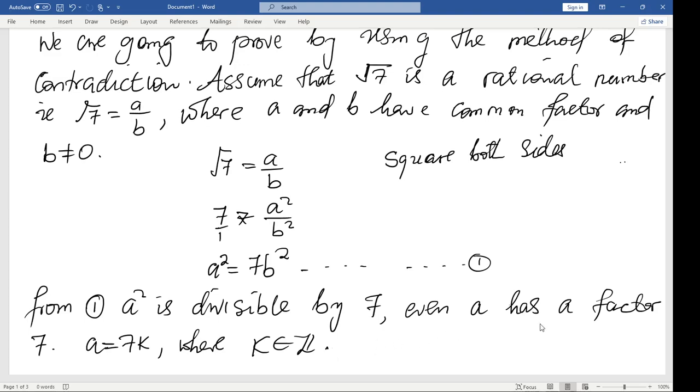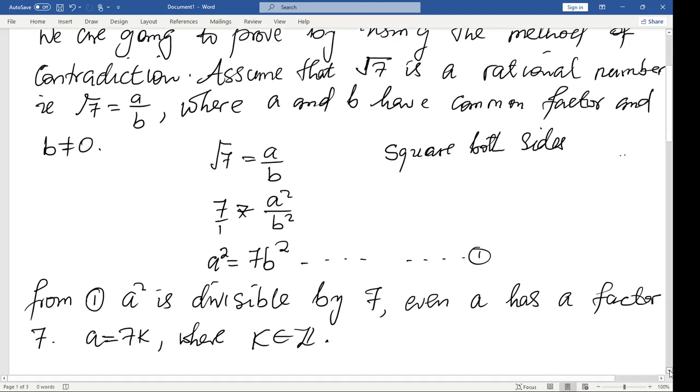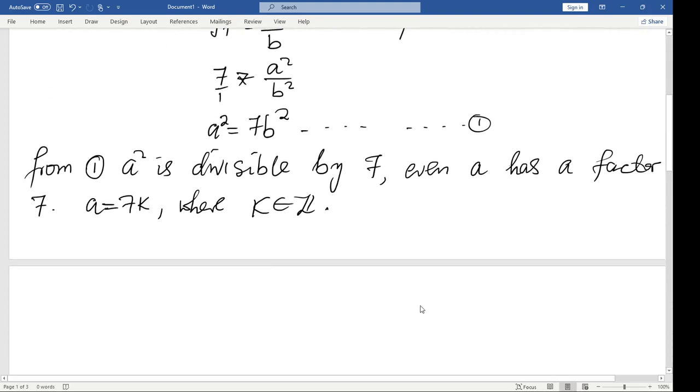Okay, now if k is any integer, then we can just substitute back into the equation that we have here. Where there's a, we're going to put 7k. So where there's a squared, we're going to have 7k squared equal to 7b squared.